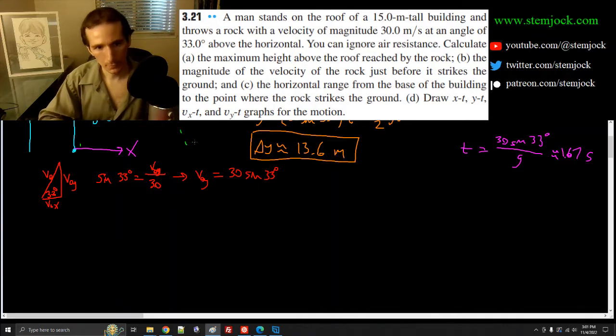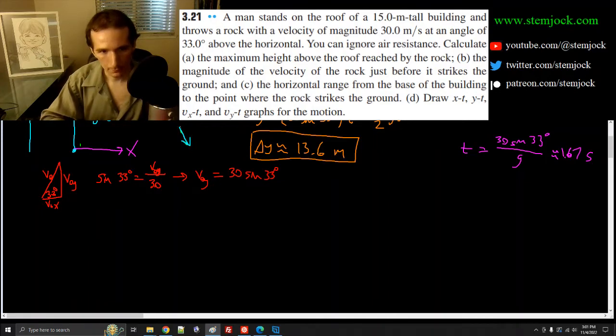So the final velocity vector is going to look something like this. I'm going to call it V. So we're doing part B now. It has a horizontal component, Vx, and it has a vertical component, Vy.